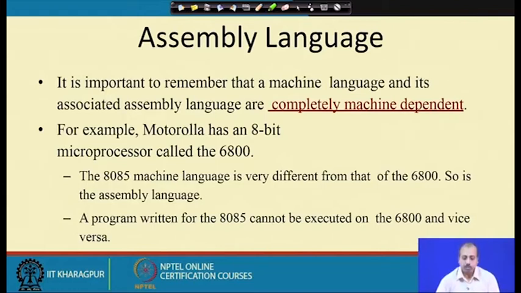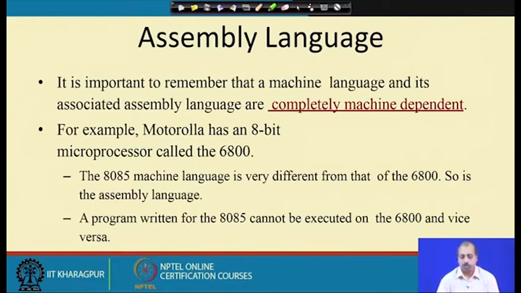If you look into Motorola's 8-bit processor 6800, 8085 is from Intel and 6800 is from Motorola. The machine language of 8085 is very different from that of 6800, and so is the assembly language. A program written for 8085 cannot be executed on 6800, or vice versa.